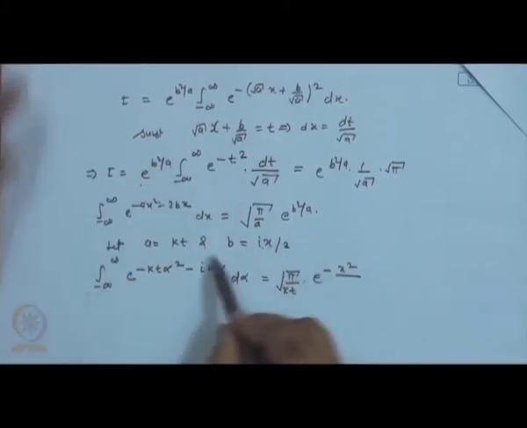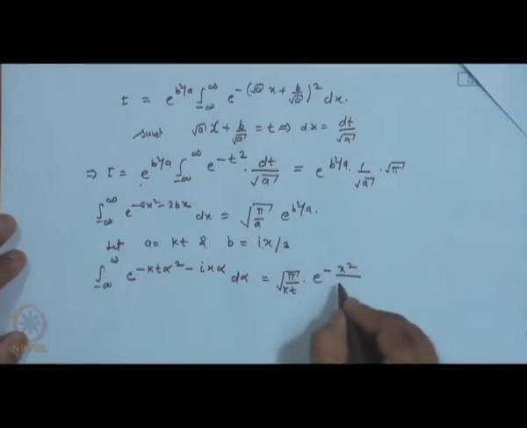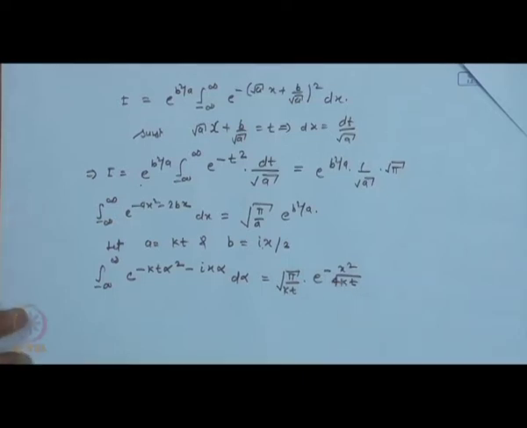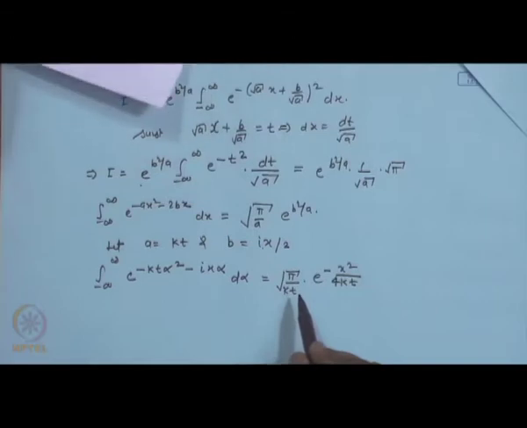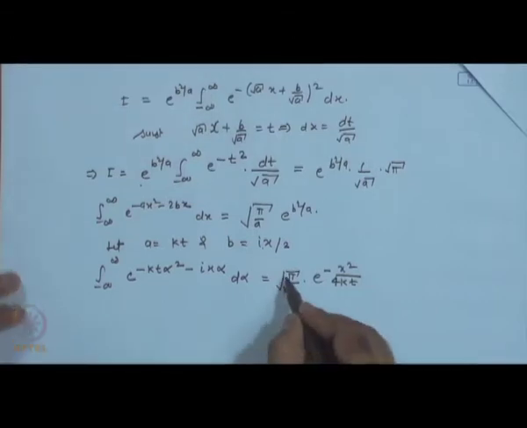So we have e^(-x^2/(4 k t)) times square root of pi over k t.